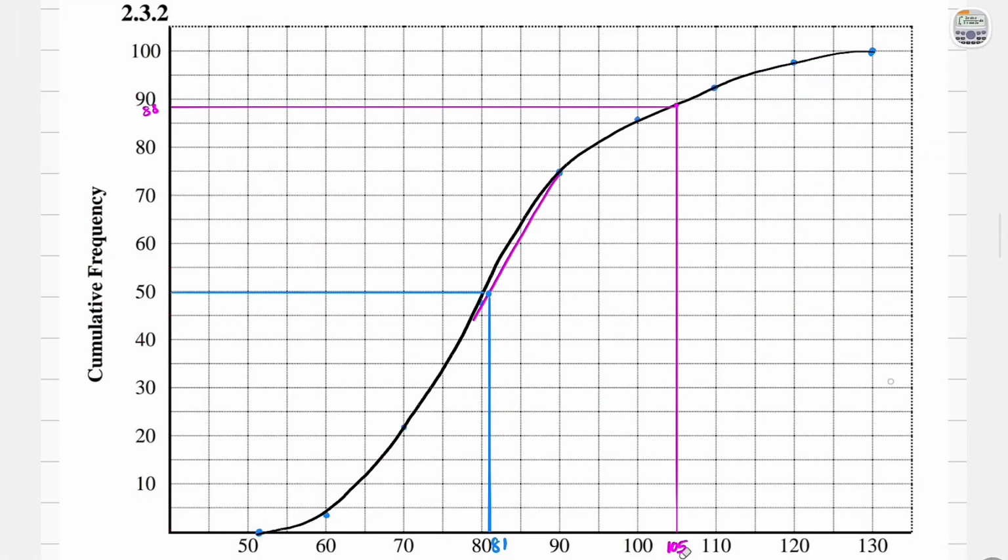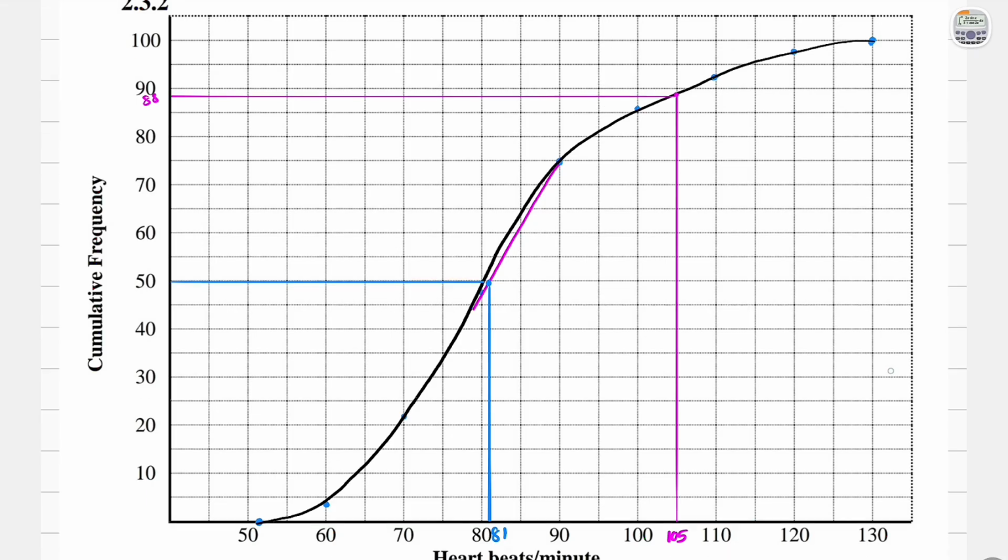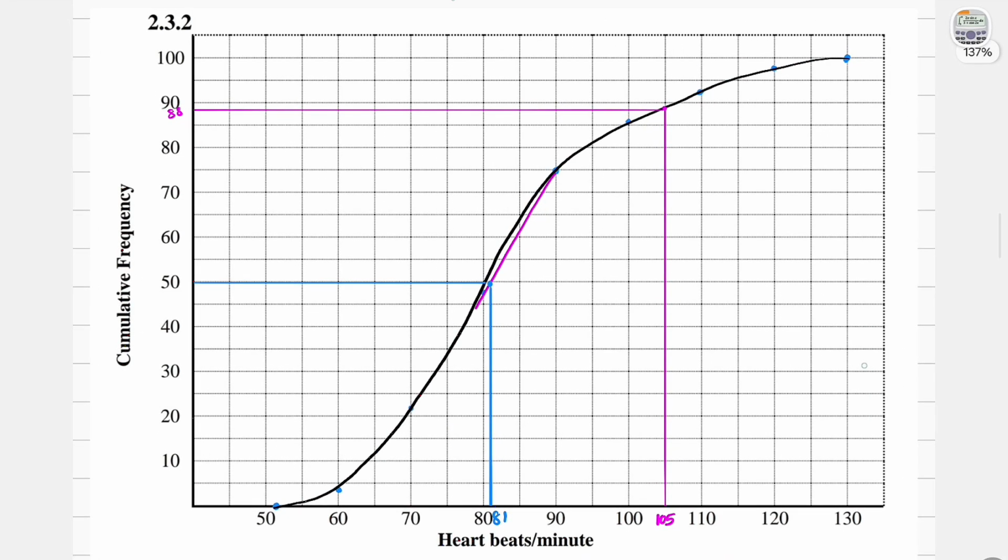But then they didn't just say, we want to know how many people had a heartbeat of about 105. They said 105 and more than 105. So this is how we would find this. At 105, we find there are 88 people, but we need to find out the people who had a heartbeat of higher than this. So that would be everybody who got more than that. We know that the highest heartbeat was 130, right?